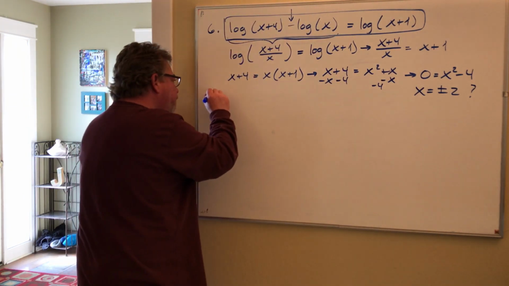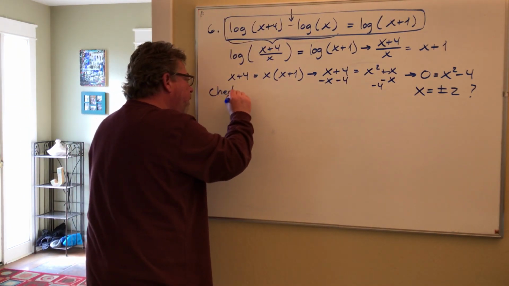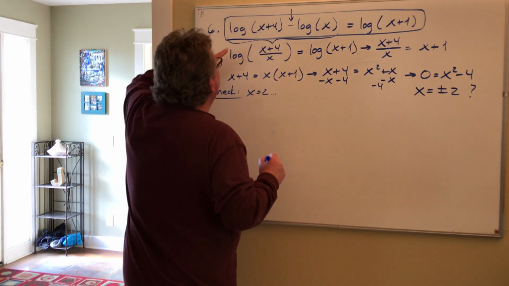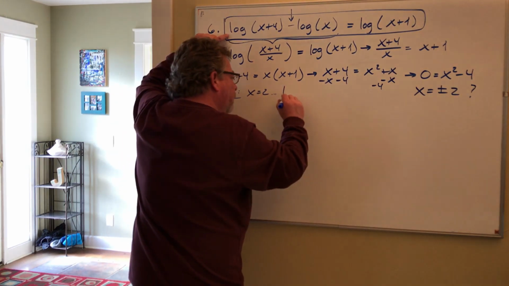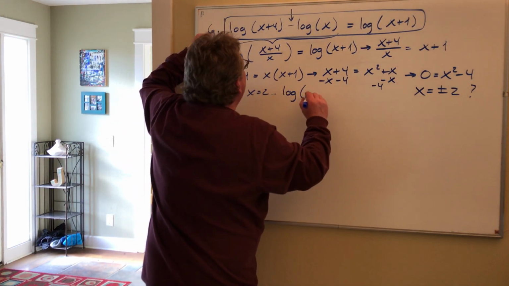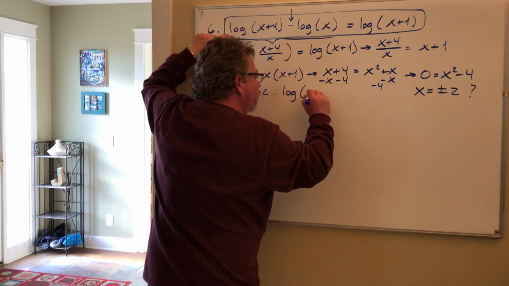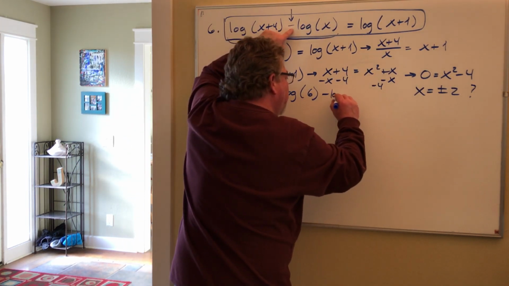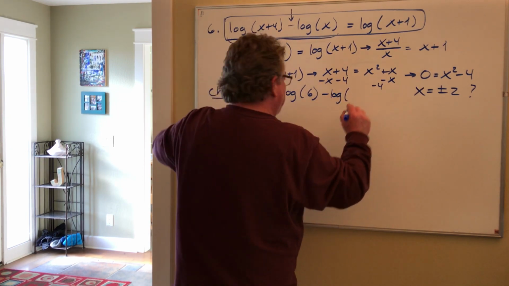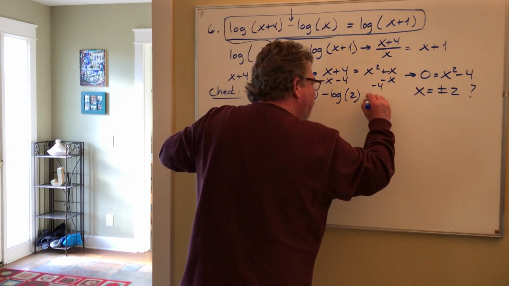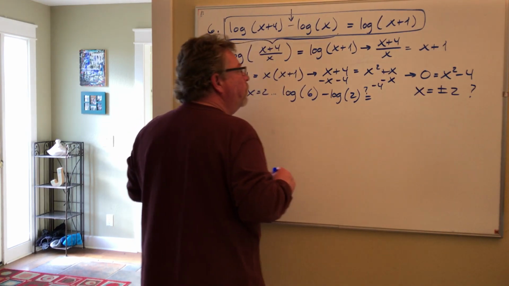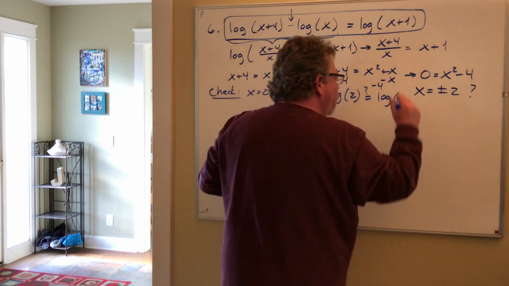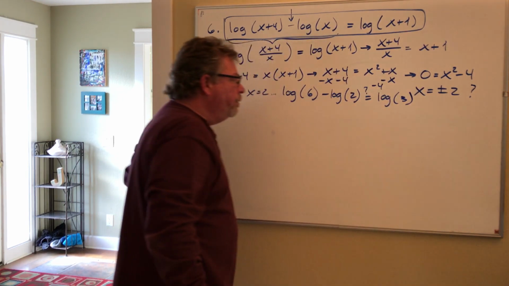All right, so here we go. Let's check x equals 2. You plug in x equals 2, you've got the logarithm of 2 plus 4, which is 6, minus the logarithm of 2. And the question is, is this equal to the logarithm of 2 plus 1, which is 3?